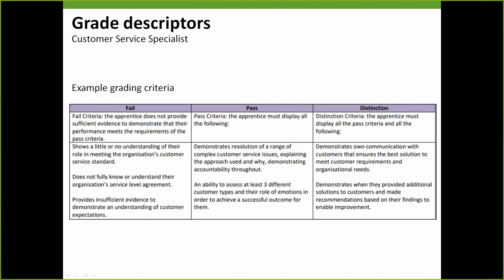There's no specific mention here of multiple times as there is in practitioner. So there's no limit to the number of retakes or resets, but it's got to be within a time frame. It says within a 12-month period. So that's quite interesting to see the differences between those two standards.